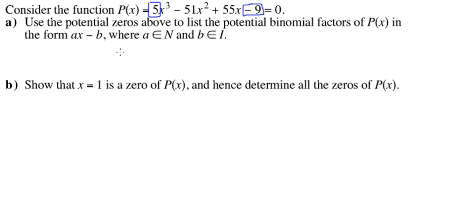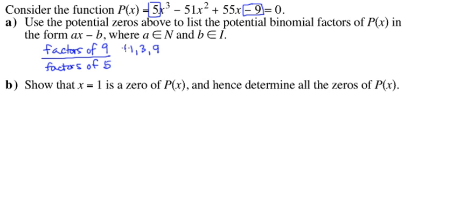And so for this one, that means the factors of 9, all of them, over the factors of 5. 9, sadly, has, well, let's see, 3 factors, 1, 3, and 9.